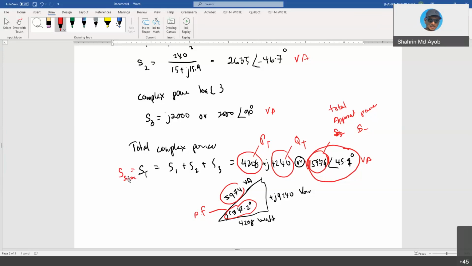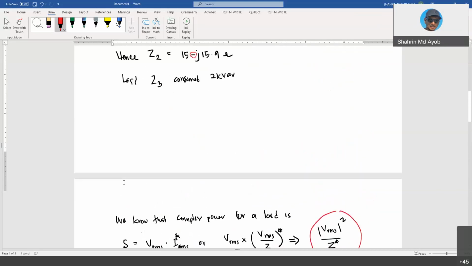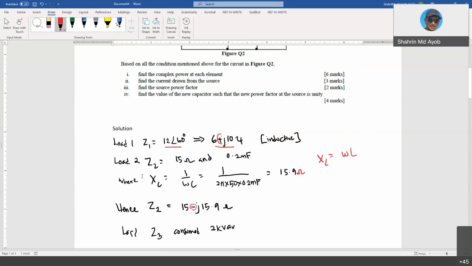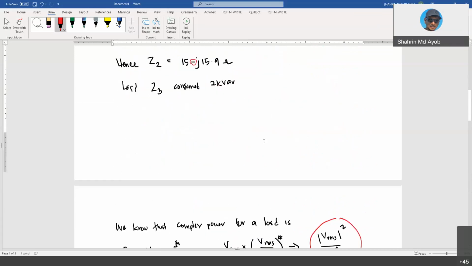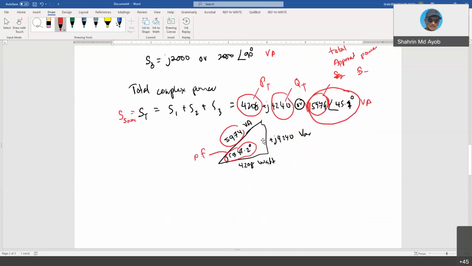So if you are a designer, for example, you design a generator, what is the rating for an electrical generator to power up these three loads? Based on the load requirement, you need to have the complex power rated at these values, 5974 VA.